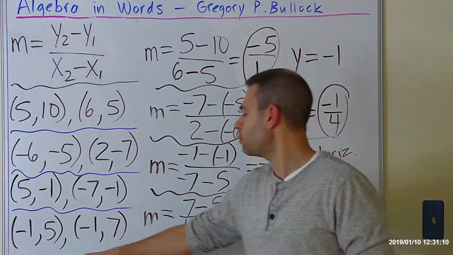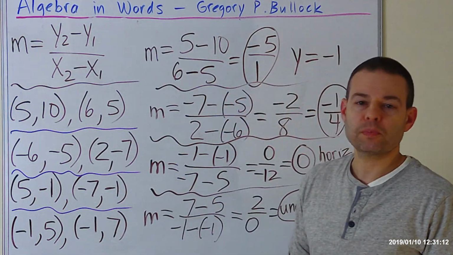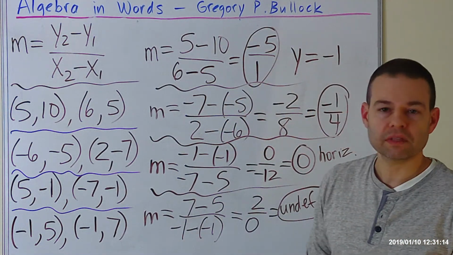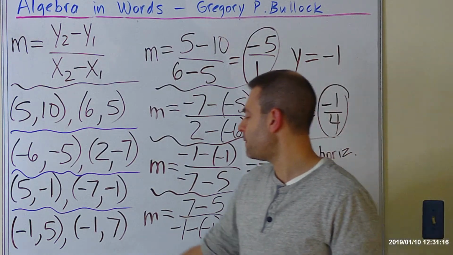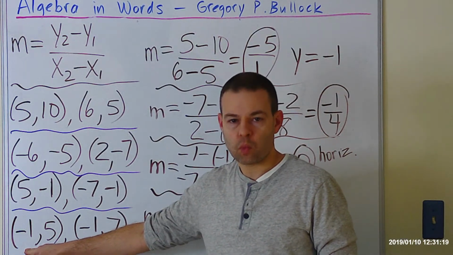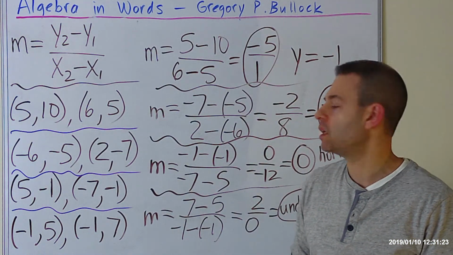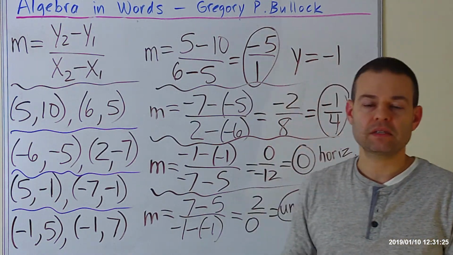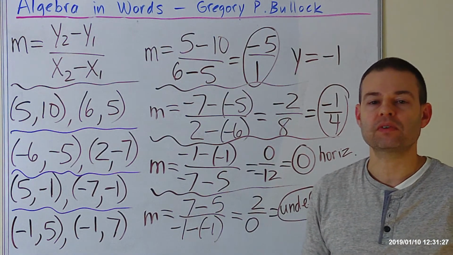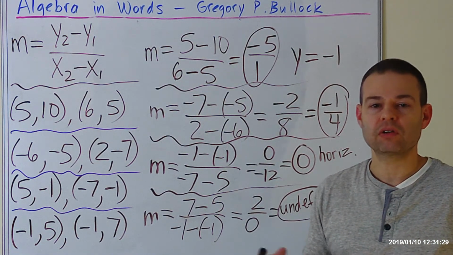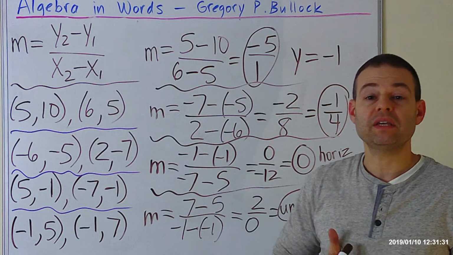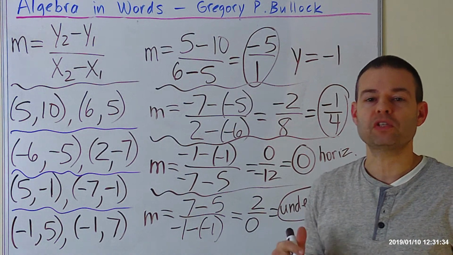But let's take a look at the points. Stare at those points for 2 seconds. Do you notice anything that stands out? Hopefully the fact that the x1 and the x2, both x values for both points are the same, -1. That's a telltale sign. When the x values are the same, you're going to have a vertical line. Could we figure out what the equation of that vertical line is just from these points?